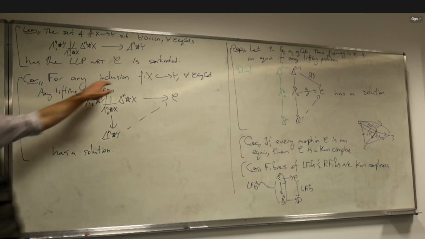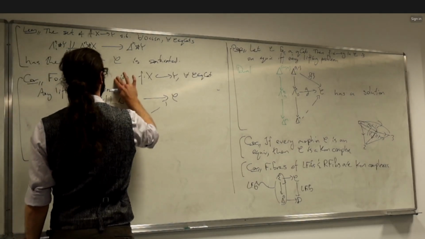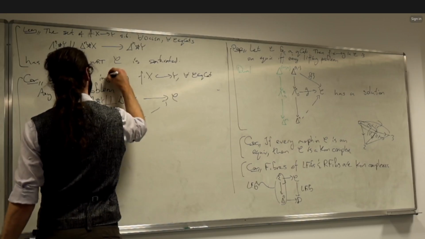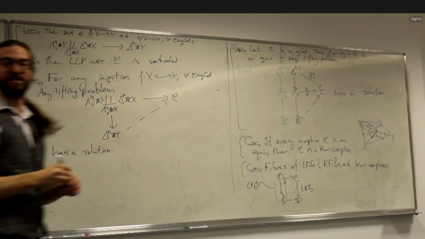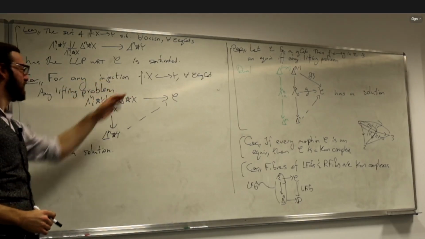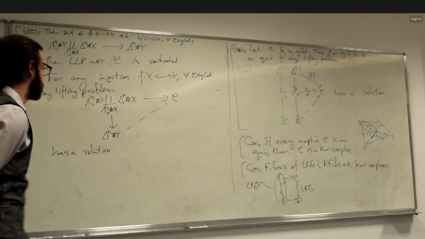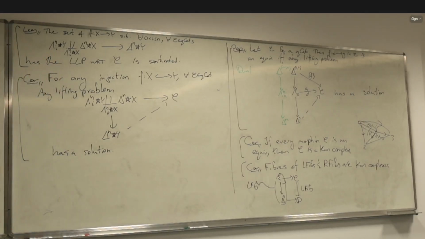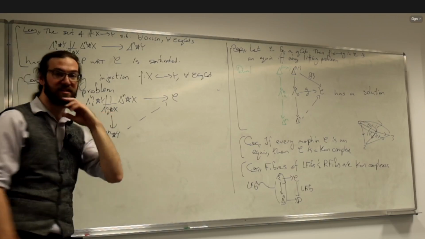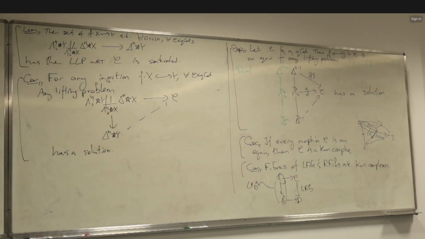And so I should have said injection here, just to be consistent. So that means that the injections have to be part of that saturated set. And so once again, this is just a statement that tells us something about adjoint lifting problems.